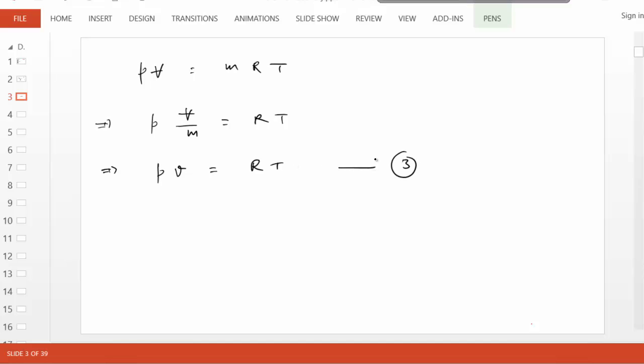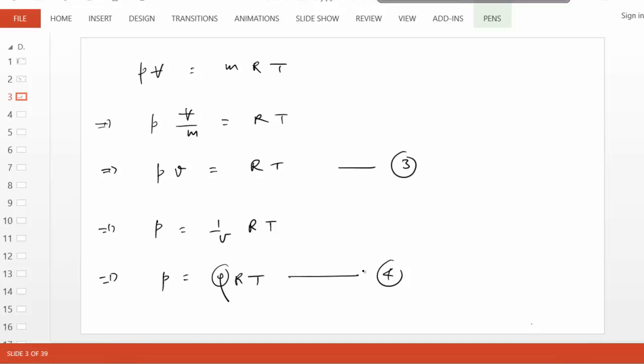It's very valuable when we want to find the specific volume from pressure and temperature. And finally, the last form is used mostly in fluid mechanics. This implies P equals 1 over v times RT, which means P equals rho RT. So if you want to find the density of a gas, the 4th equation is the best.